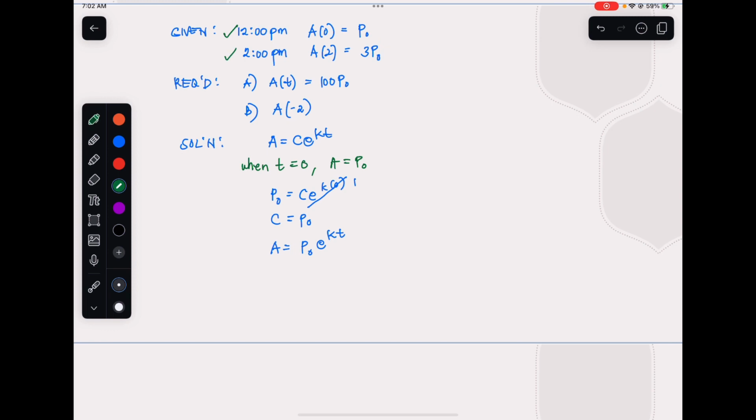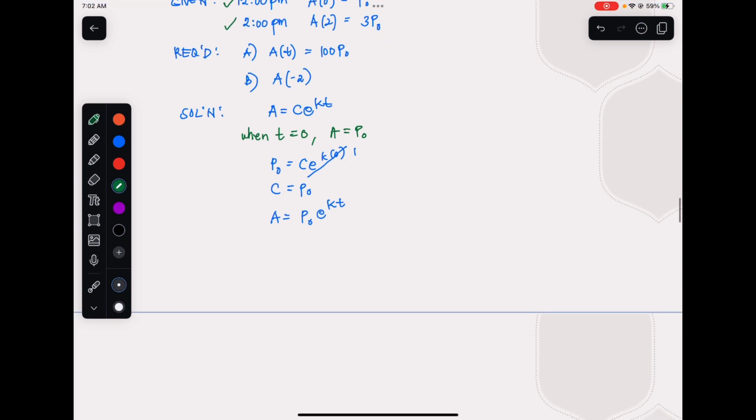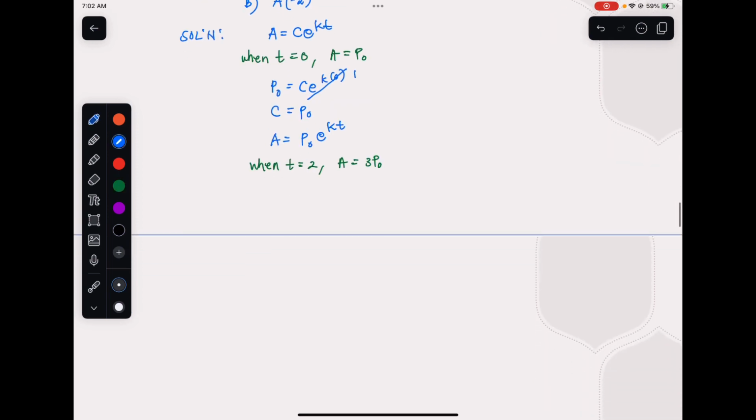But then for our second given, after 2 hours, when t is 2, our A becomes 3 times the original. So we substitute: 3 P sub 0 is equal to P sub 0 e raised to k times 2.